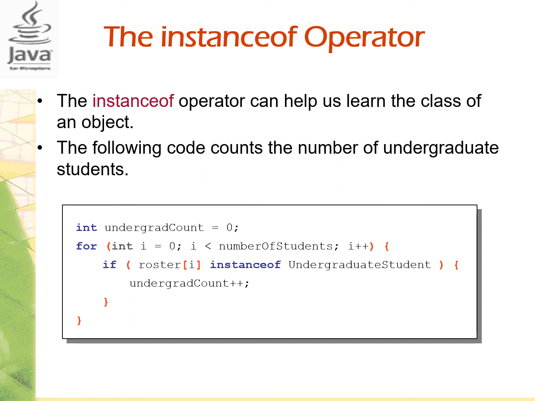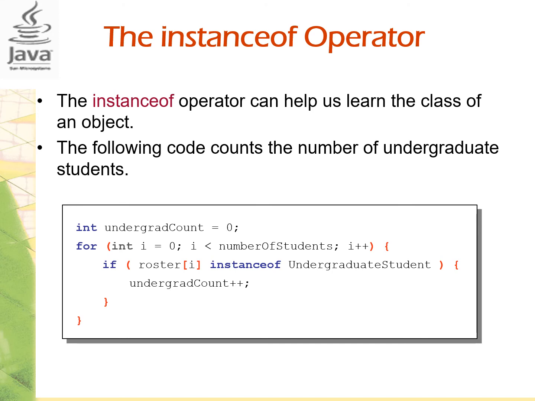Okay, modifying that code that you have seen earlier, you have a for loop. So you do like this: if roster I, sorry, roster I is the name of the array, you look at one by one item in the array, and then you check instanceOf.